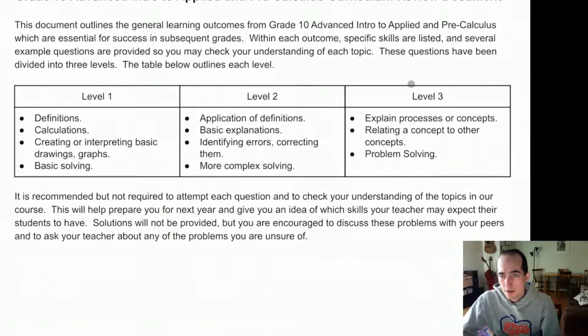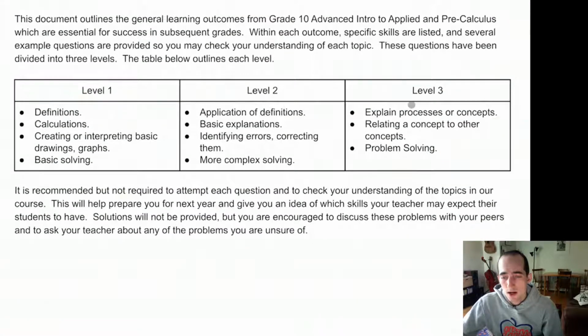Now, keep in mind we have a slightly different curriculum than the general grade 10 program. The main difference is that we have a lot of grade 11 outcomes. In fact, if you look at the document that I made for this class and the document that I made for the grade 11 general program, then you'll notice that there are a lot of similarities between these two documents.